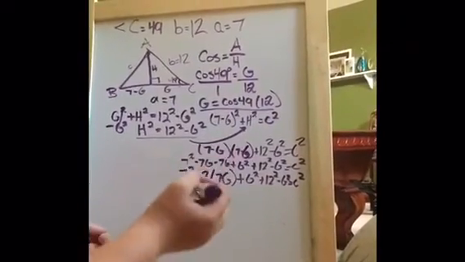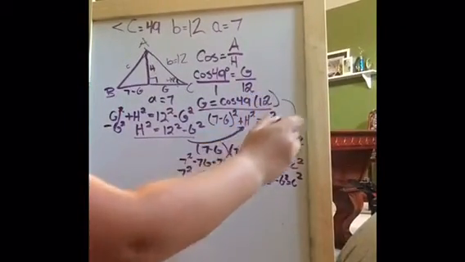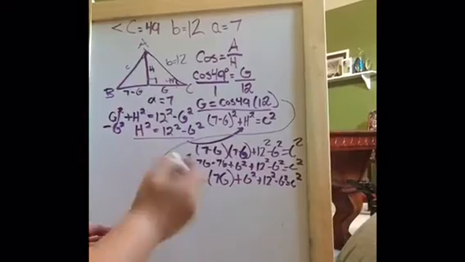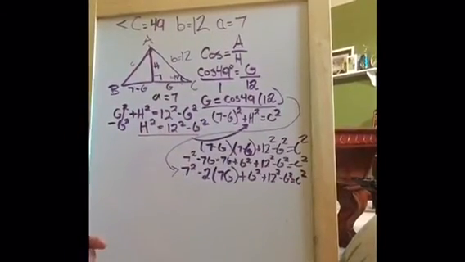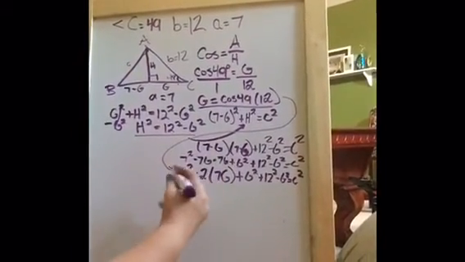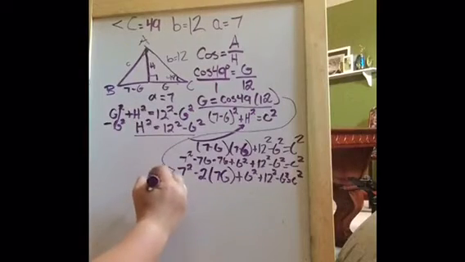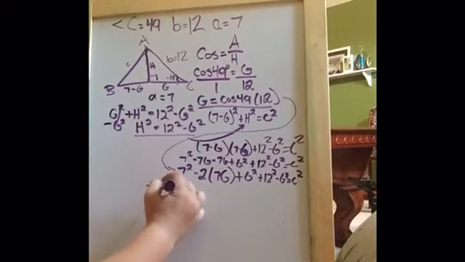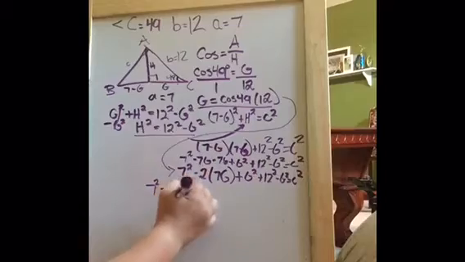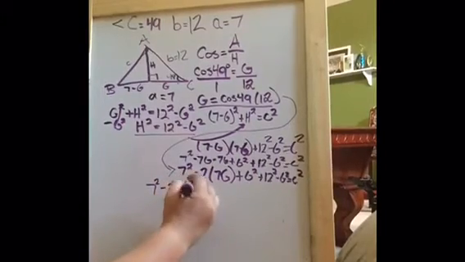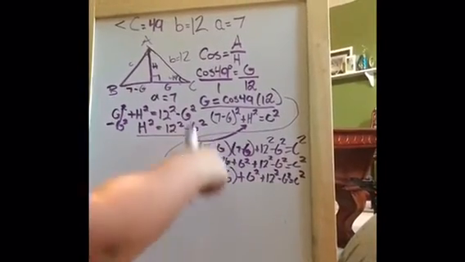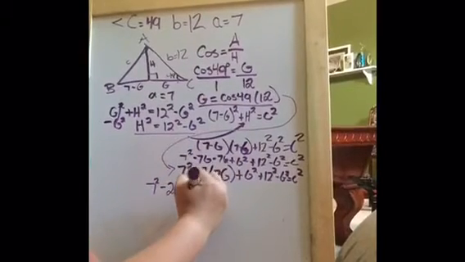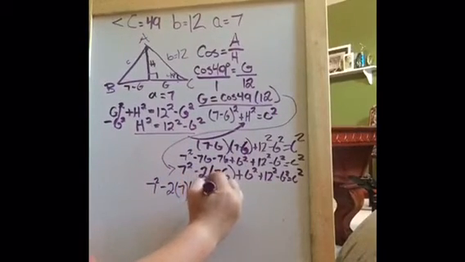Now you have to take the other formula and plug that in for g as well. So you're going to be left with 7 squared minus 2 times 7 times your g, which is 12 times the cosine of 49.